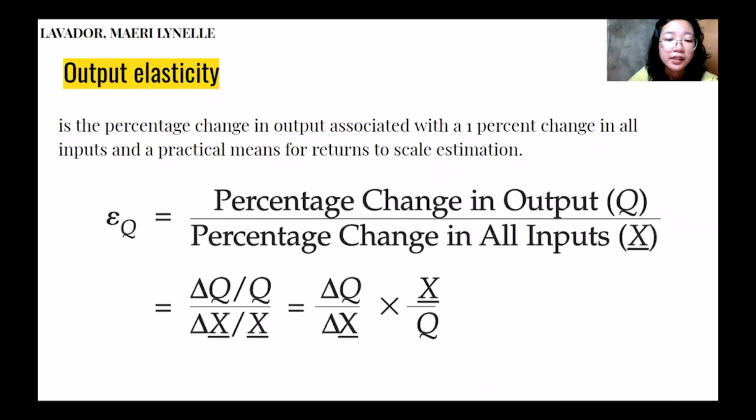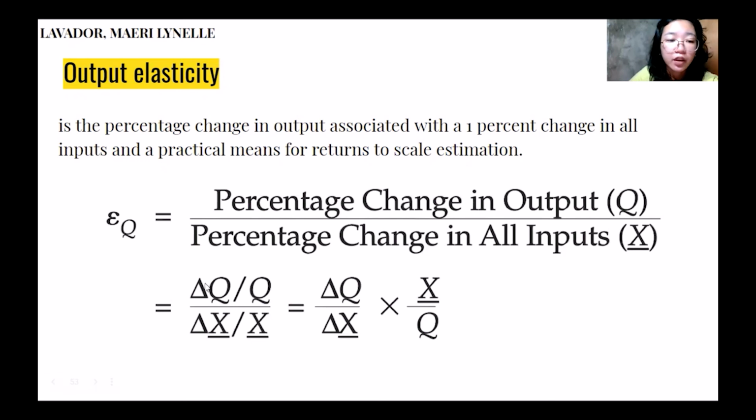Output elasticity and returns to scale. Even though graphic representations of returns to scale, such as the previous slide, are intuitively appealing, returns to scale can be accurately determined for any production function through the analysis of the output elasticities. Output elasticity is the percentage change in output associated with a 1% change in all inputs and a practical means for returns to scale estimation.